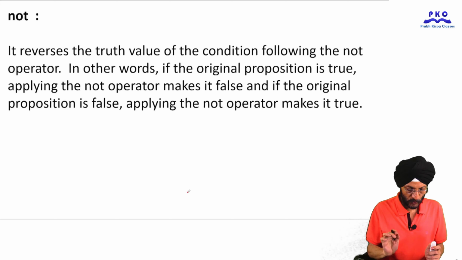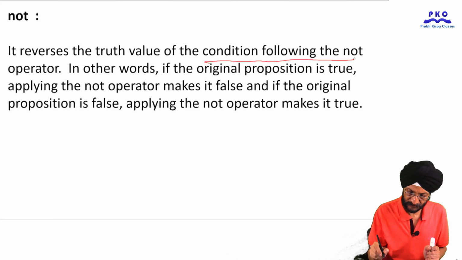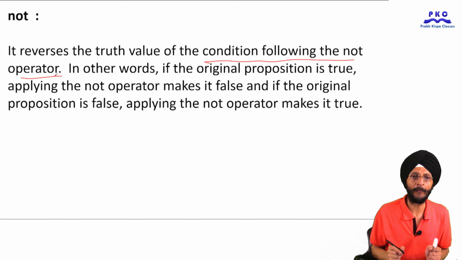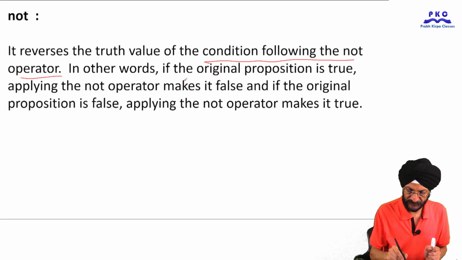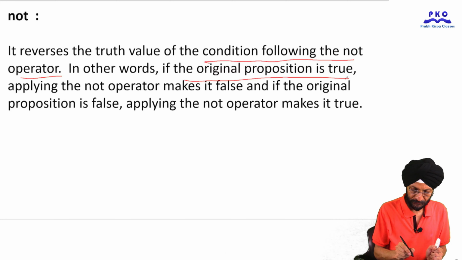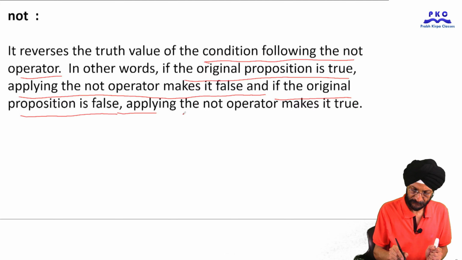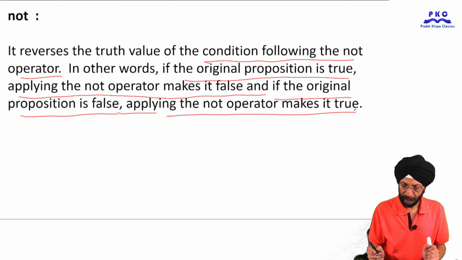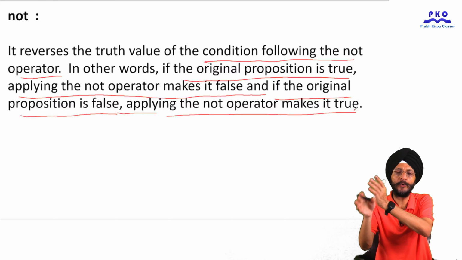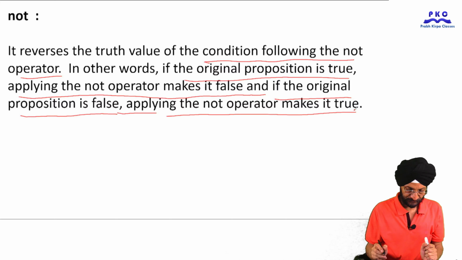Next is NOT. It reverses the truth value of the condition following the not operator. In other words, if the original proposition is true, applying the not operator makes it false, and if the original proposition is false, applying the not operator makes it true. That is, false will become true, true will become false.